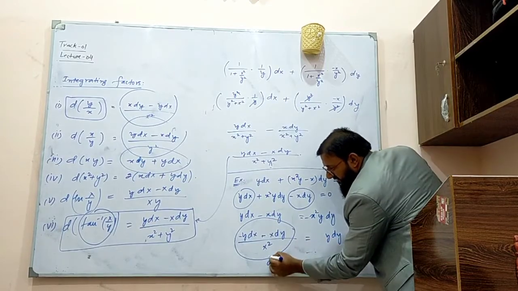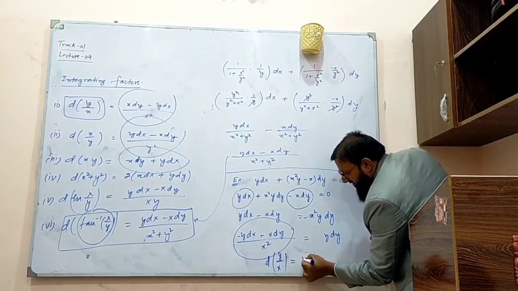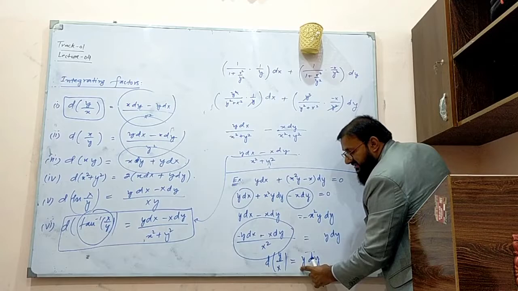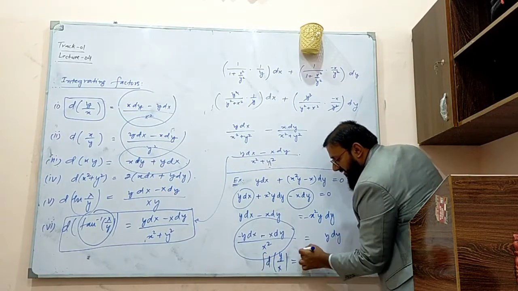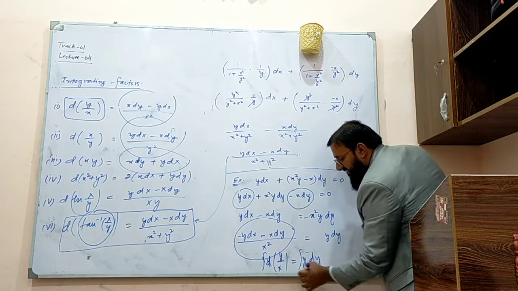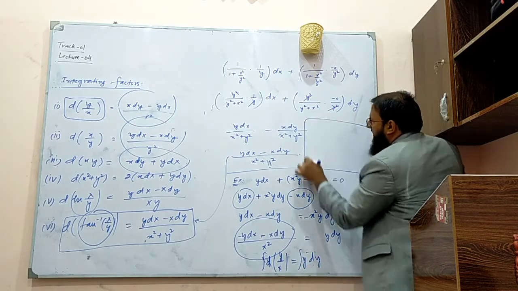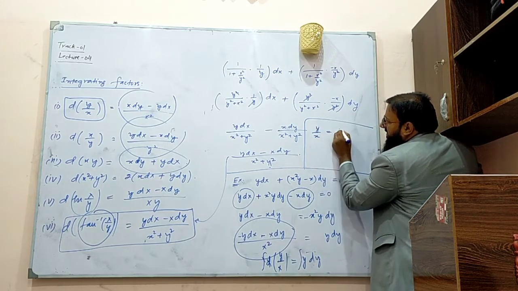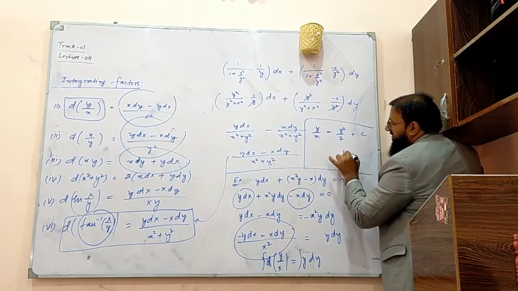So this is differential of y over x equals y dy. When you get this thing, your other side must be solvable. You integrate this, these two are cancelled, and you can integrate this thing easily. And then the integral becomes y over x equals y square by 2 plus C. This is the answer.